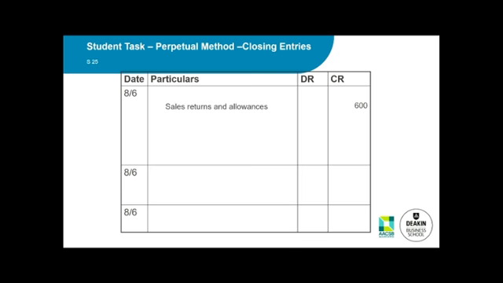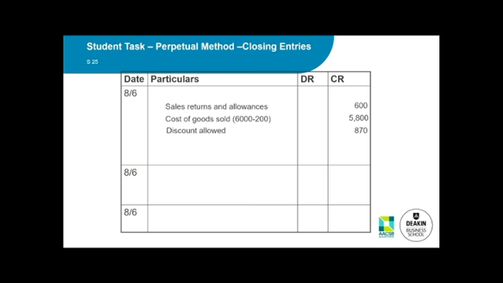So sales returns and allowances. Remember, they have a normal debit balance. We credit them. Cost of goods sold. The cost of goods sold is 6,000 minus the 200 that was returned to us. Right? So that would be $5,800. That was a discount that was allowed, that we calculated previously.